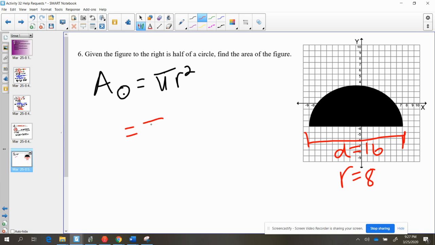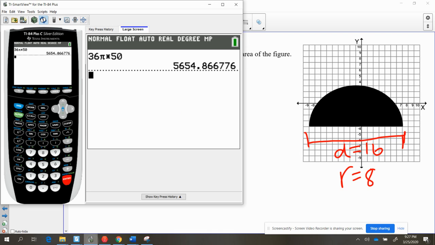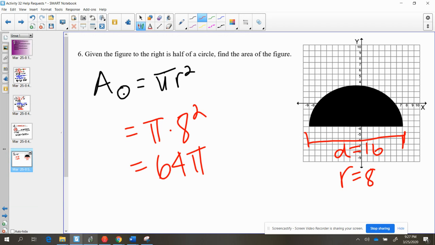So first thing we can do is take pi times our radius squared. And in this case, we get 64 pi. But again, we only want half of that value. So what we're going to do instead is we're going to take 64 pi and divide that by 2. So we either get 32 pi or about 100.5 units if we're rounding to the nearest tenth.